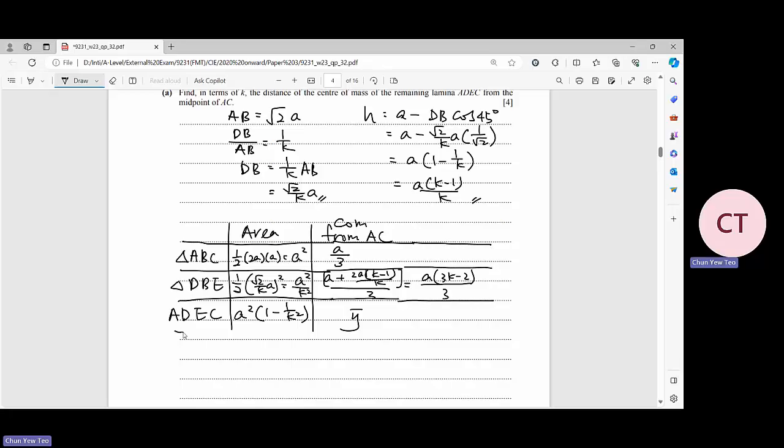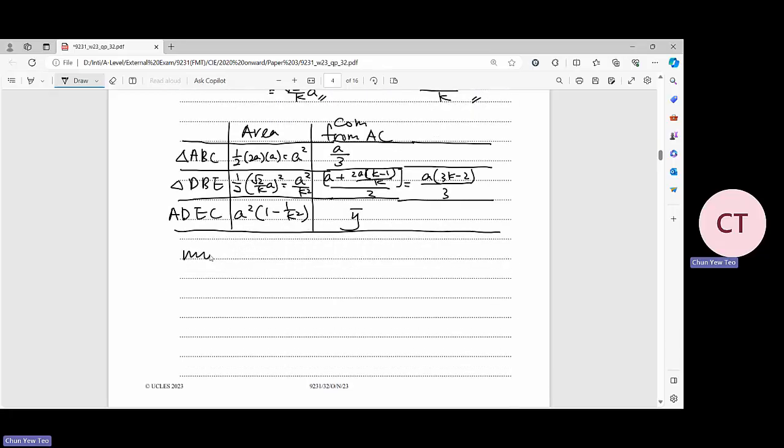So this will be the table that I will be using to find the center of mass from AC. Take the moment about AC, then I will get A square times A over 3, minus A square over K square multiplied by, oh, this one I forgot to put a K, then this one is (3K minus 2) over 3K, is equal to A square times (K square minus 1) over K square times bar y.